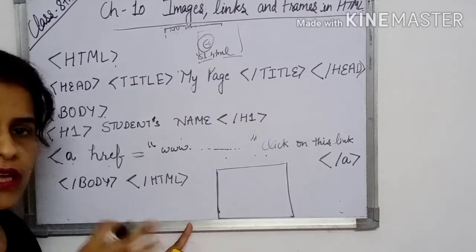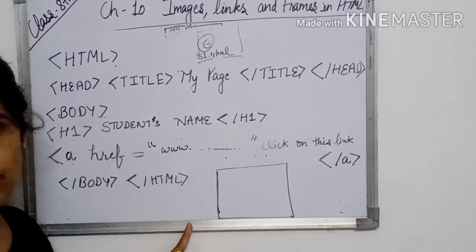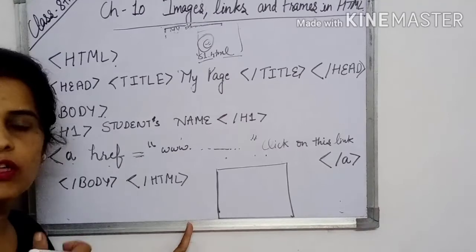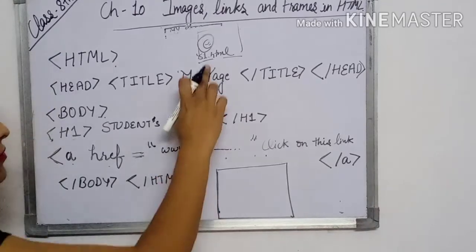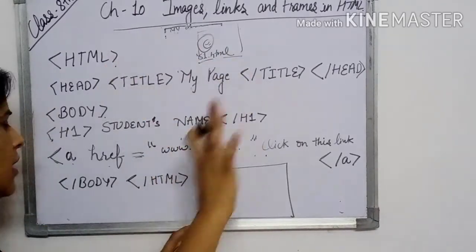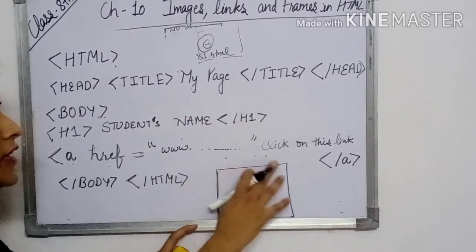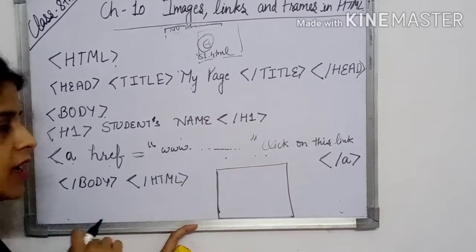It doesn't matter, you can save anywhere also, but it will be easy for you if you will save it on the desktop. Now s1.html I have done, and after that this page is open.